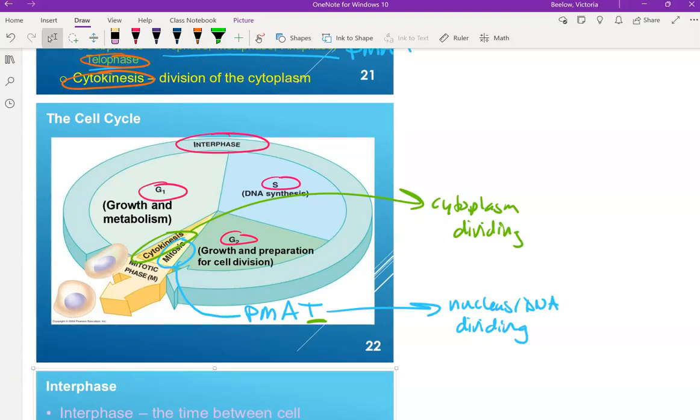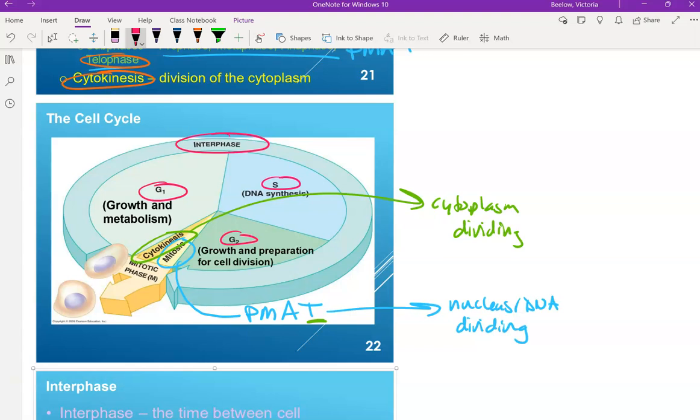It can be broken down into three big phases, which then are further broken down into subphases. For example, interphase is where the cell spends most of its time, and that's when the cell is preparing to divide. And interphase is broken down into G1, S, and G2. Those are subphases.